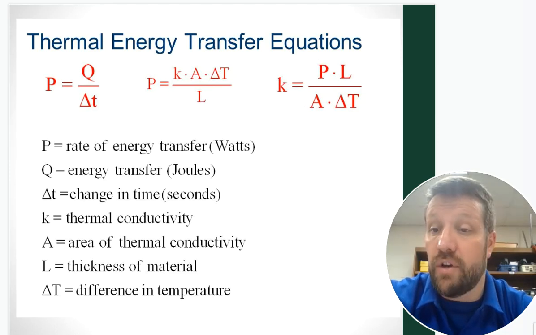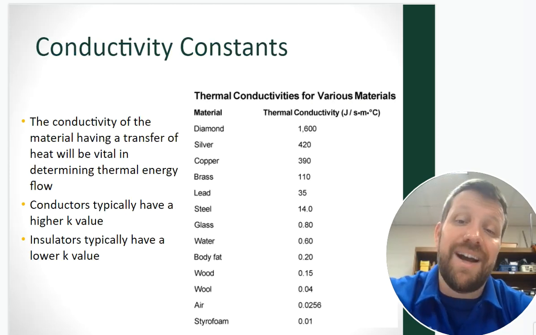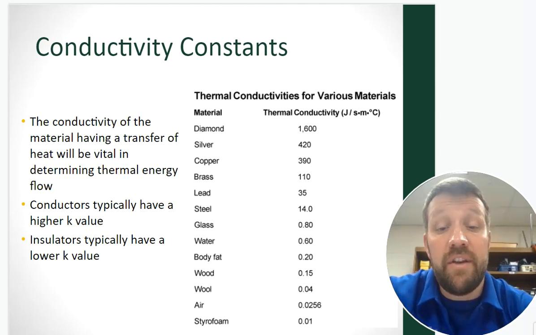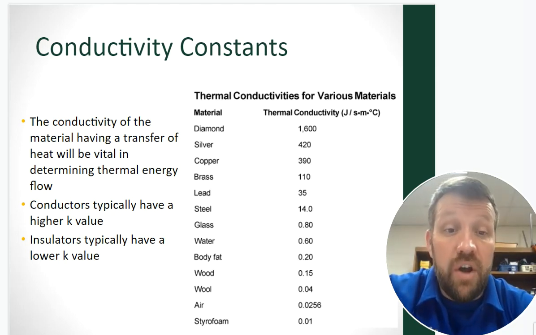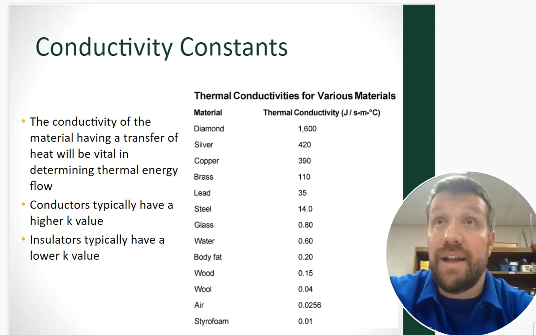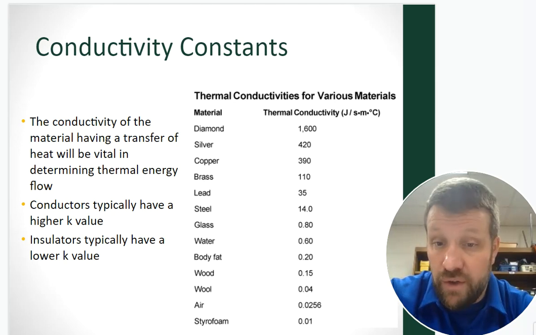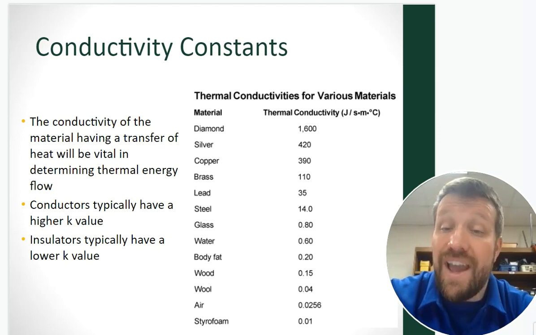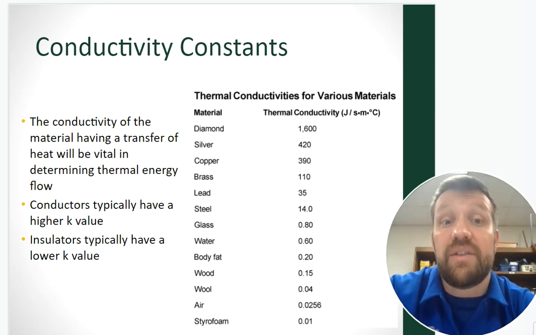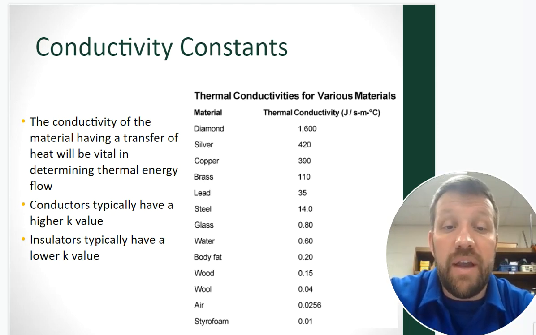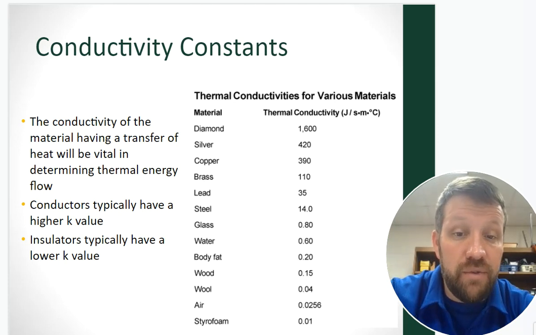So thermal energy transfer equations. A couple of the constants that come along with this, conductivity. So conductivity of materials is based on the thermal conductivity, and that's, again, the structure of the molecules in these different materials. Conductors typically have a higher value for this, and thus will have greater heat transfer, and insulators will have a lower value. So you see some of these numbers over here.